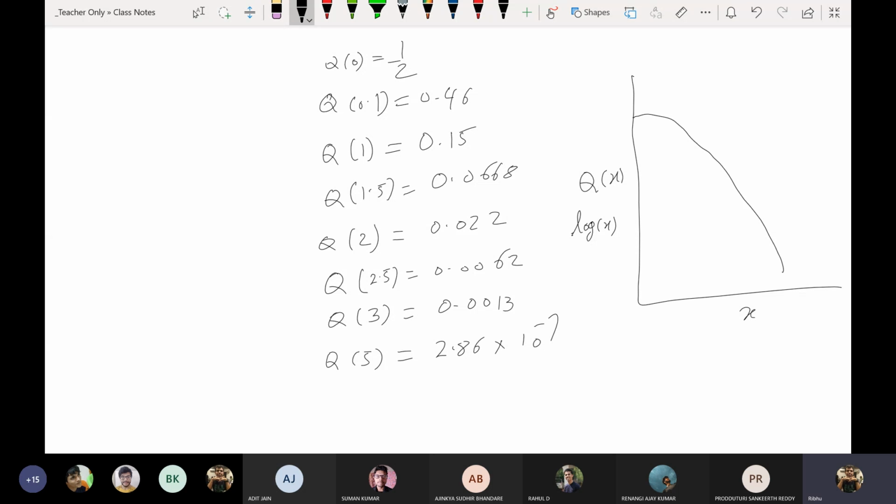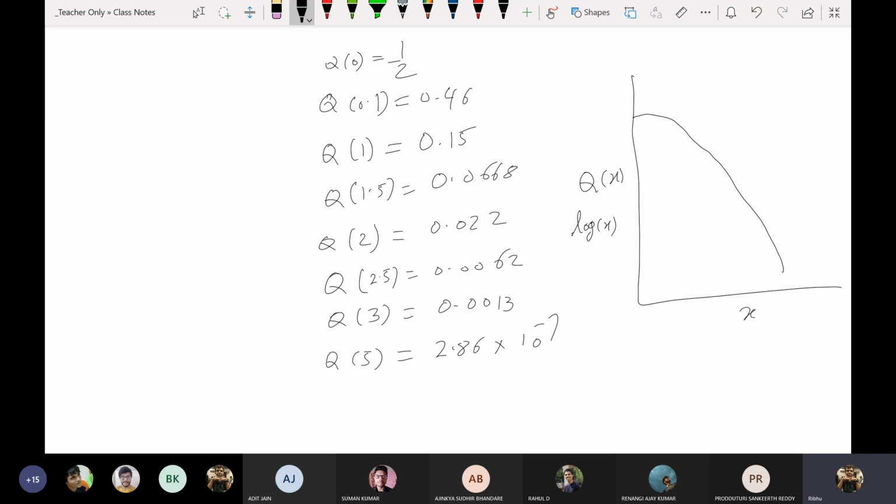You see that the Q function drops off rapidly after 2 or 2.5. Say at 3.75, the Q function is close to 10 to the power minus 4. At 4, it is close to 10 to the power minus 5. At 4.5, it's close to 10 to the power minus 6, and so on.